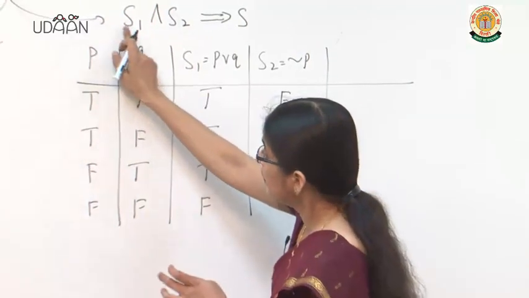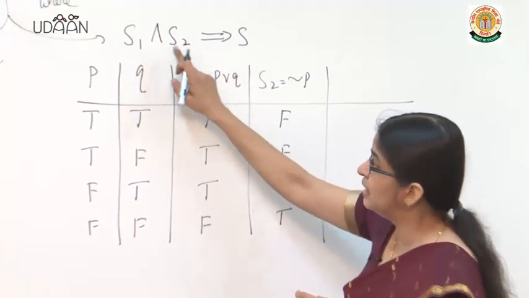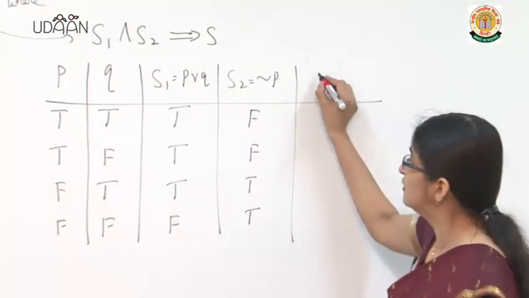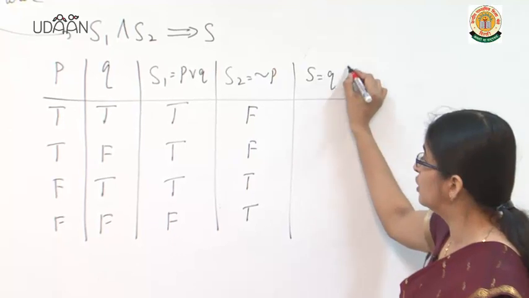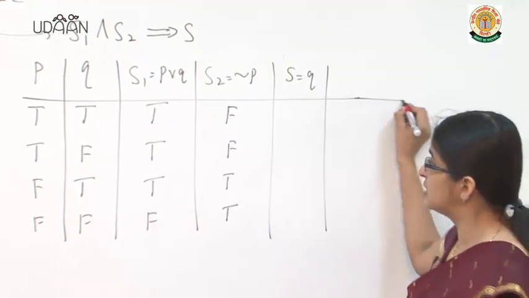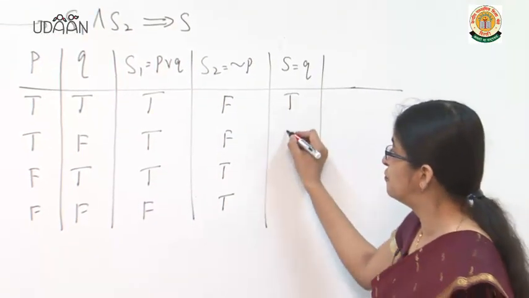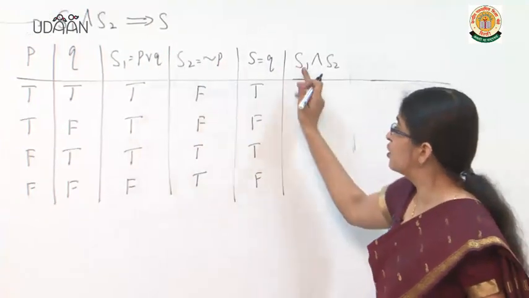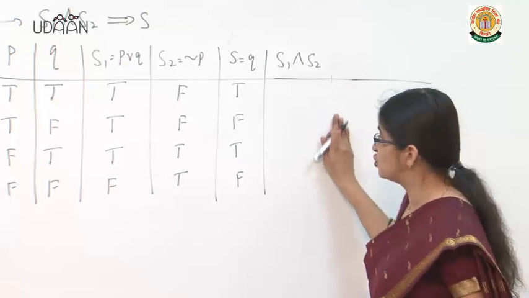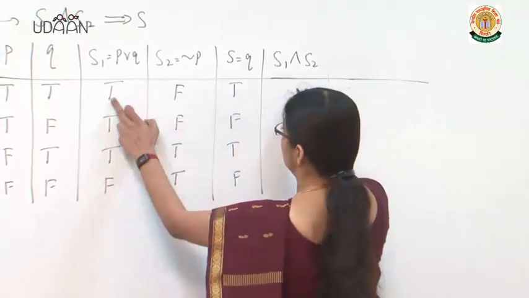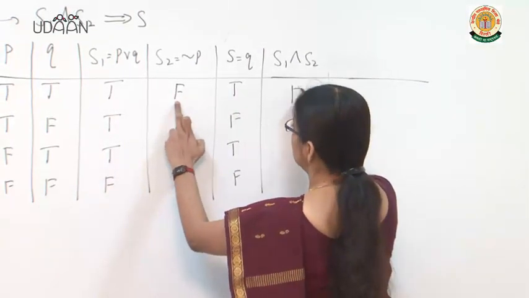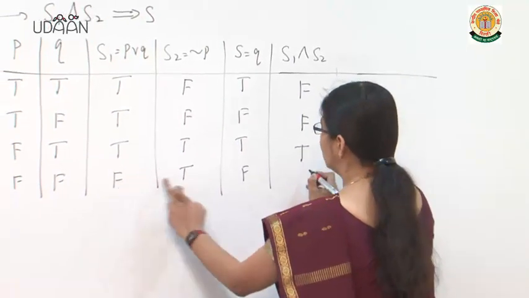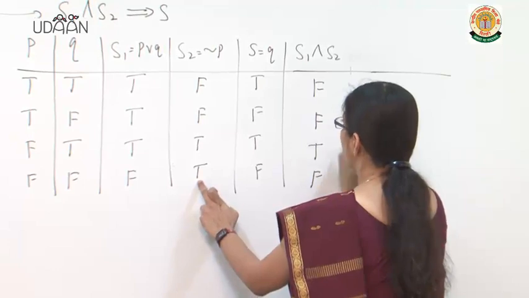Then we have to calculate S1 intersection S2 implies S. S is the same as Q, S equal to Q. Let's rewrite it, which is true, false, true, false. Let us make a column for S1 and S2: true and false is false, true and false is false, true and true is true, false and true is false.